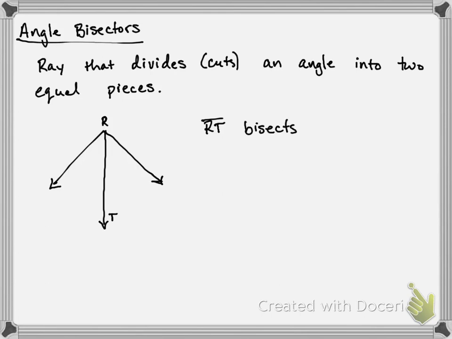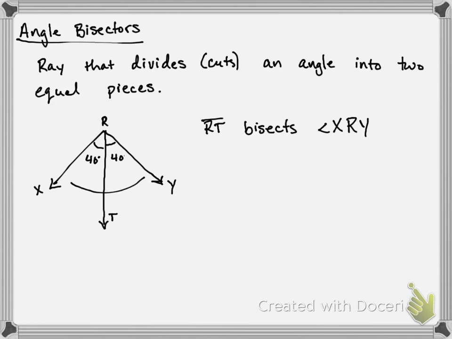RT bisects my angle XRY. That means that these are equal angles. So, for example, if this was 40 degrees, this other side would also be 40 degrees. The whole angle here would be 80 degrees.